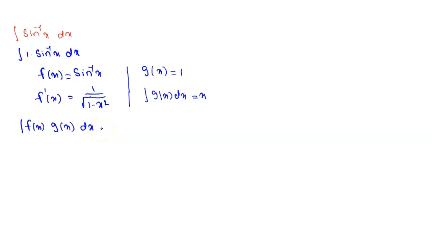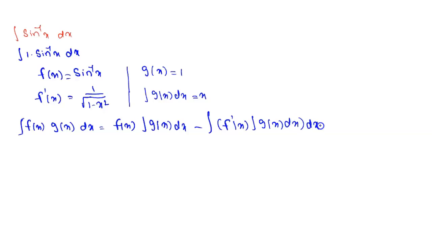So here integration of f of x into g of x dx is equal to f of x integration of g of x dx minus integration of f dash of x integration of g of x dx dx. So here I am replacing everything.